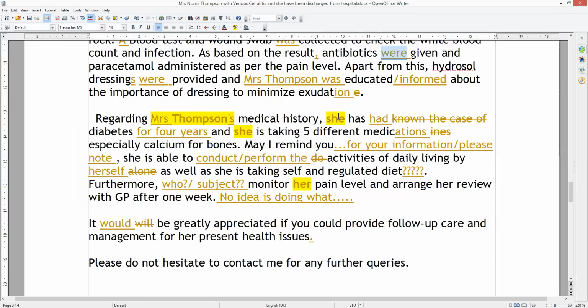Or if you're not sure, simply make complain into a verb, complaining, because complaints are nouns, so we need a pronoun or an article. So if you're not sure, make complain into a continuous verb. Mrs. Thompson presented complaining of, etc. Either one of those.